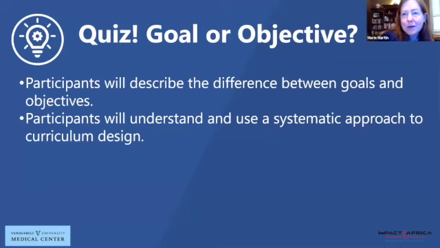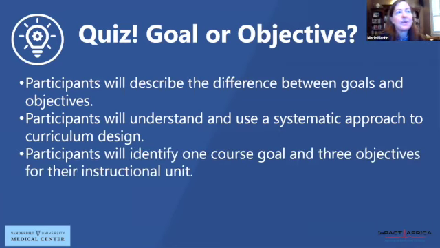Okay, and why is that a goal? Because it's not short, it's not precise, and it's not measurable. It doesn't use action verbs. Great. Yes, and it's so broad that you probably wouldn't teach that in one course session, right? It would take many sessions over a course to teach.